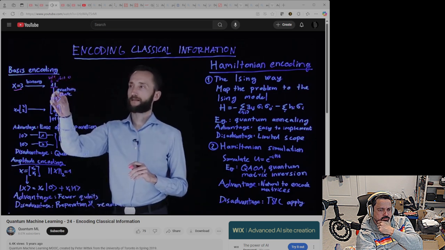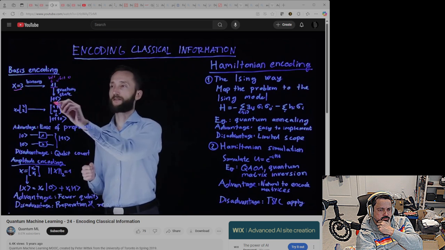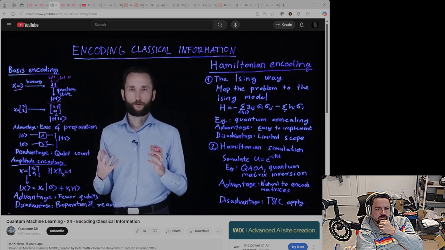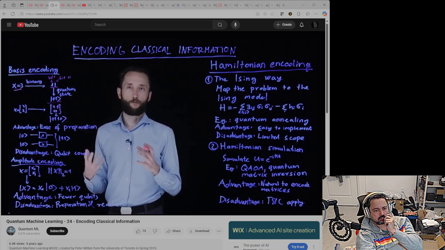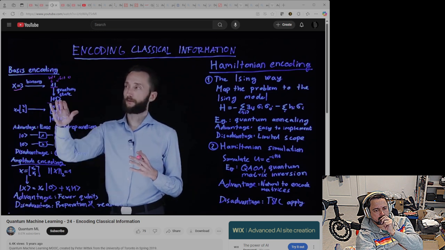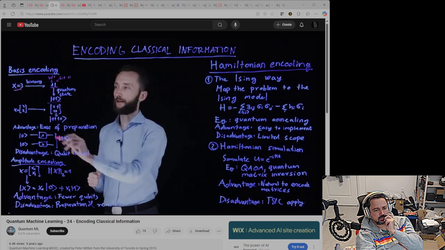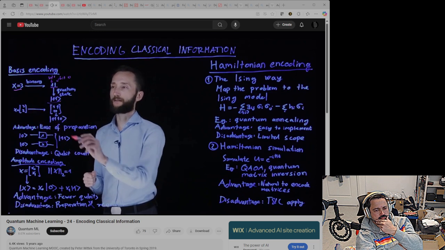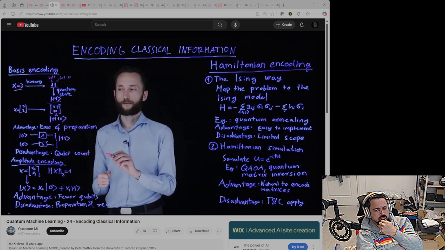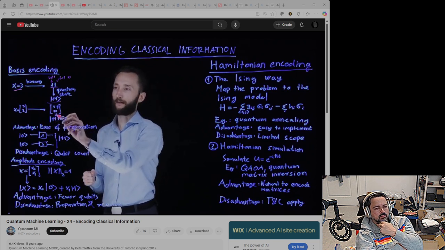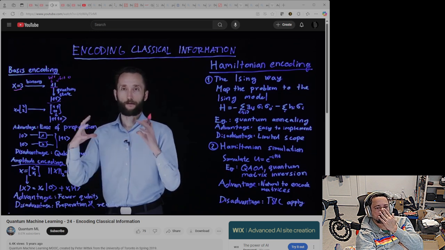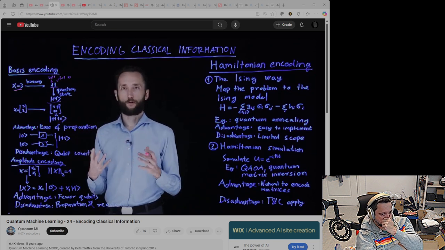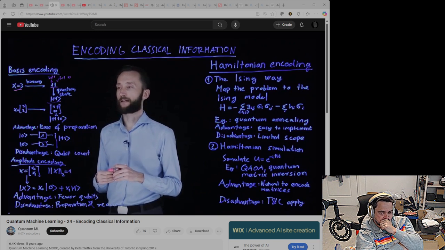And then you just take this and you write it as a quantum state. So you would use 2 qubits, and you would flip both of them to 1, and it would describe the number 3. And if you have a vector, say, of these 2 elements, you can create a binary vector of that, and then you can concatenate the 2 strings into a single 4-qubit state in this case.